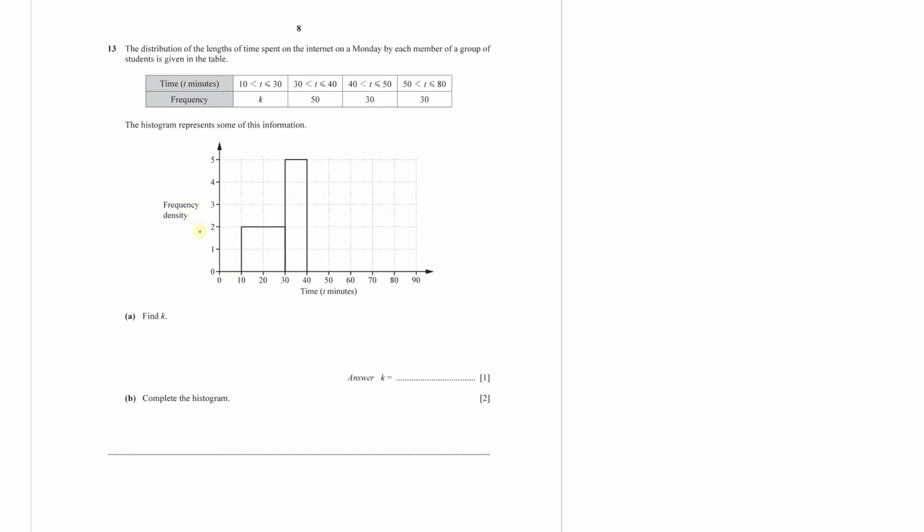So your frequency density for the first interval, which is 10 to 30, is given here. You can get it from the histogram. This is 2. So you know that frequency density is equal to the frequency divided by the interval length.